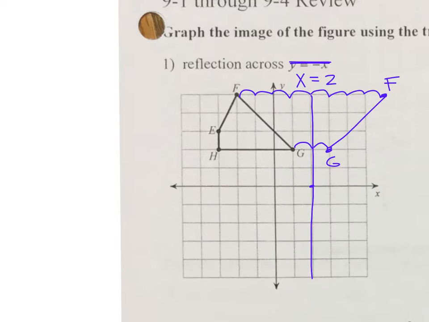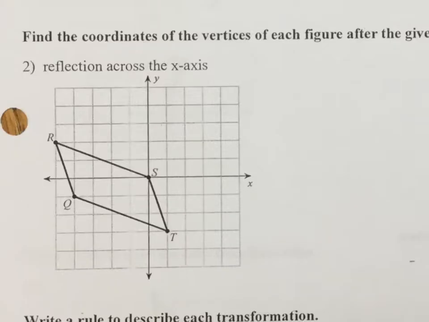Number 2. The directions for number 2 say find the coordinates of the vertices of each figure after the given transformation. I think the easiest way to do this is to draw it first. So it's reflecting across the x-axis. This is your x-axis.